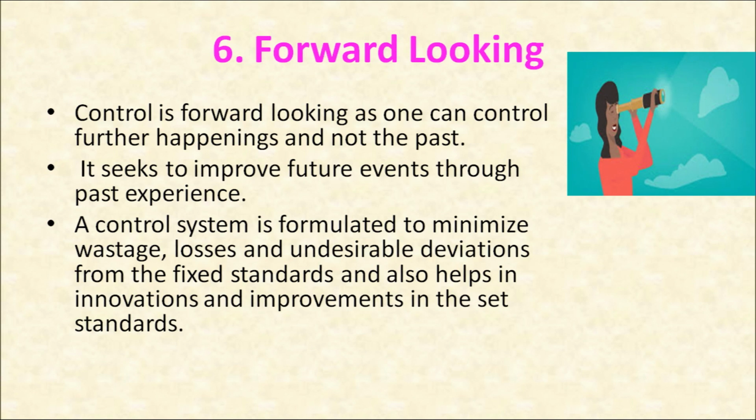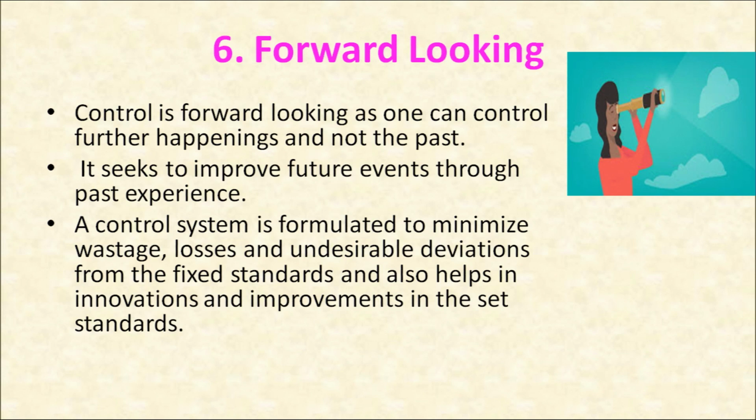But through the postmortem of those events or activities, you're able to improvise your future events, and you are able to learn through your past experience. So a control system is formulated to minimize wastages, losses, and unnecessary and undesirable deviations or variations, and fix standards, so that it helps in better innovation and improvements in the laid down plans or standards.